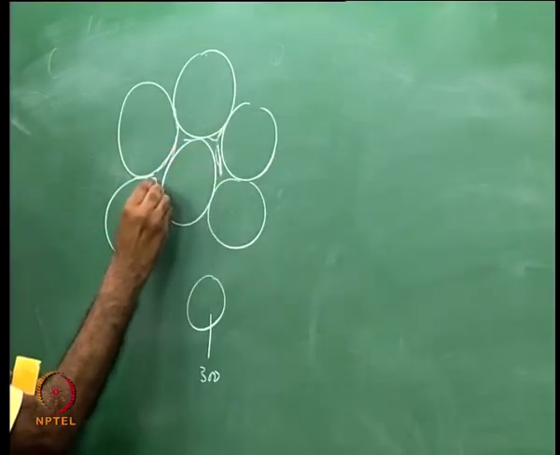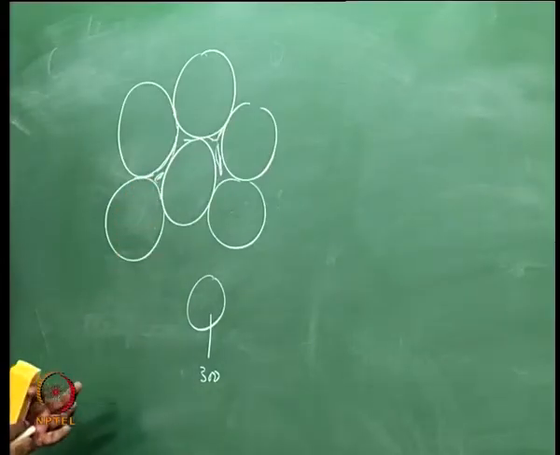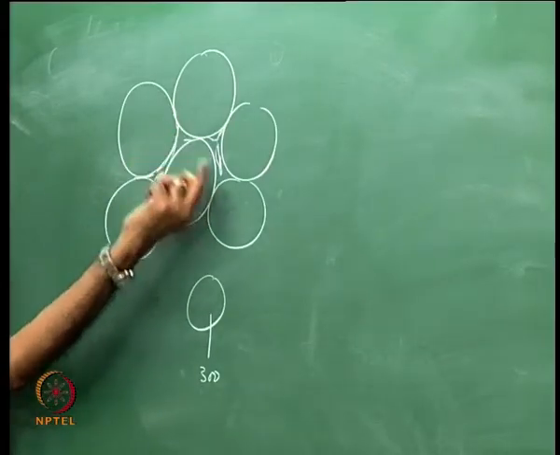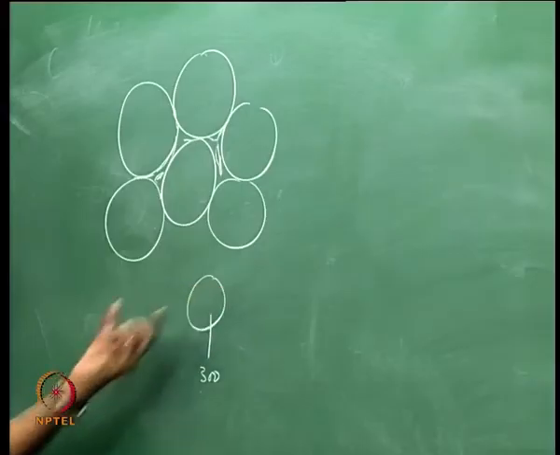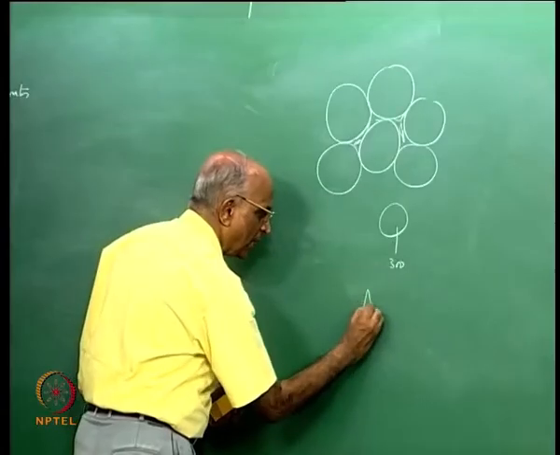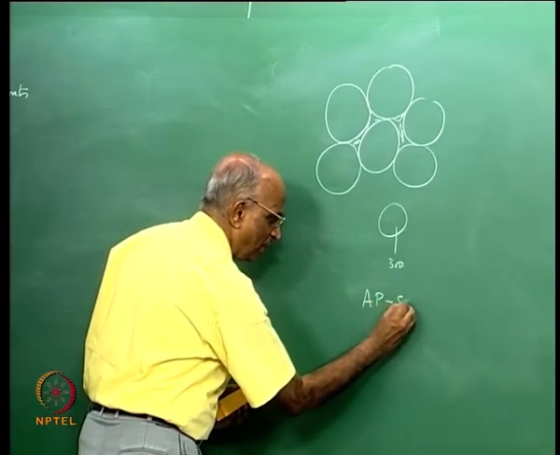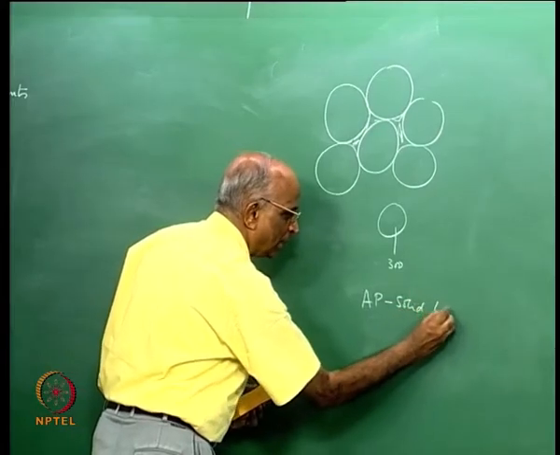Here I have polymer, here I have polymer. You know what happens is the amount of AP which I can put in the propellant is small. We call it a solid loading in a propellant.